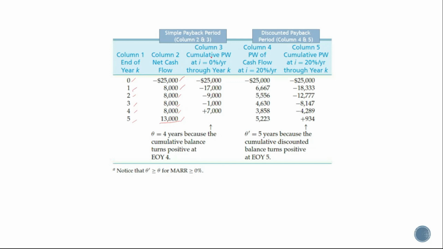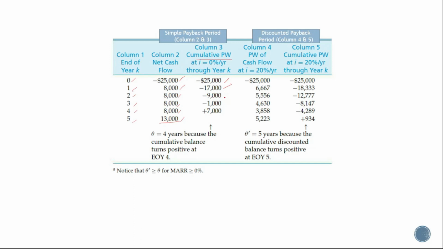So, kung kukunin natin yung cumulative present worth, ibig sabihin, i-add natin yung mga cash flows sa atin. Initially, meron tayong negative $25,000. At the end of 1 year, nag-earn tayo ng 8,000. Therefore, negative 17,000 na lang yung cash flow natin.